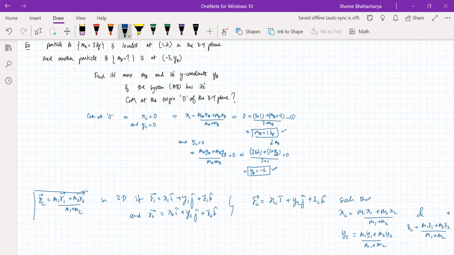The formula will be same, right? RC is equal to. Yes. So when we convert this vector formula into the individual component formula, we just have to add the z component.